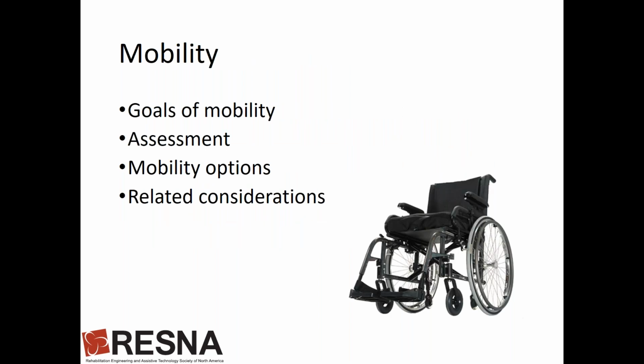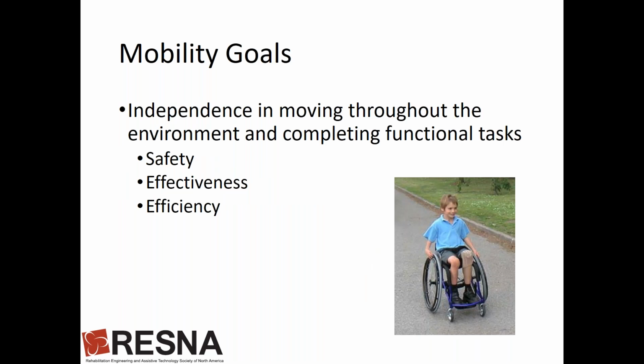We're also going to talk about the assessment, some options, and some considerations. So the goal for everyone is to independently move throughout their environment and complete functional tasks. So, you know, I look at a chair as allowing you to do those things in life that you want to complete and not do them with a burden. And we have to do it so that you're safe, so that you're effective, and you have good efficiency.